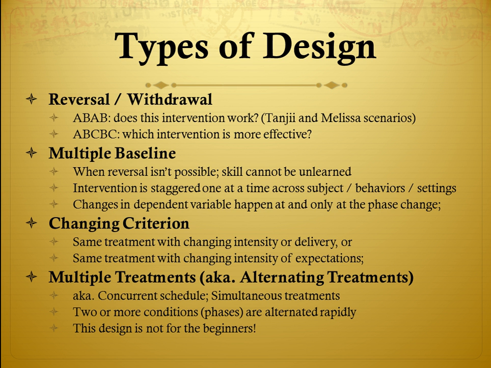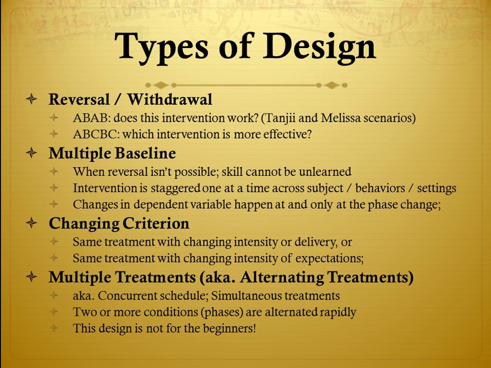Changing criterion is when you use the same treatment but with changing intensity or different delivery methods. A medical example would be providing medication orally or by injection. Same treatment with changing intensity of expectations would also be changing criterion.